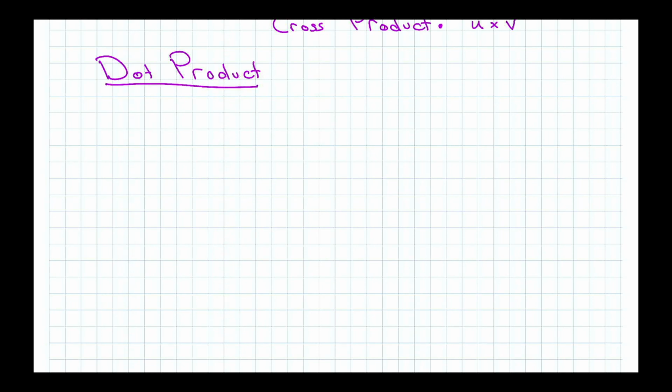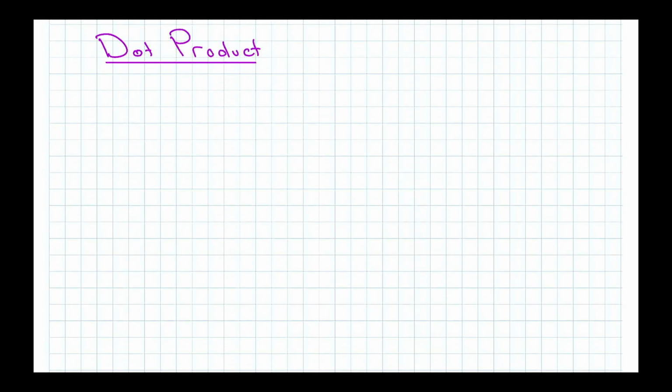So let's talk about it. So what is it? We can define it for a three-dimensional vector and a three-dimensional vector.